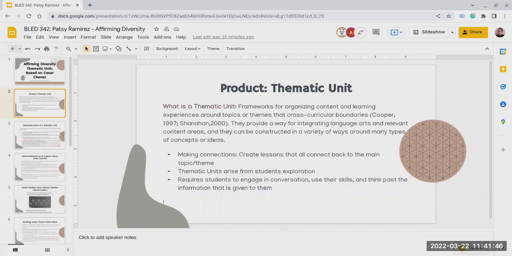This will help students make connections to the main idea so students can explore more and ask themselves deeper questions regarding the topics that were introduced to them before and after this lesson. The lesson also requires students to engage in conversation and apply skills that they wouldn't normally do if not for this lesson.